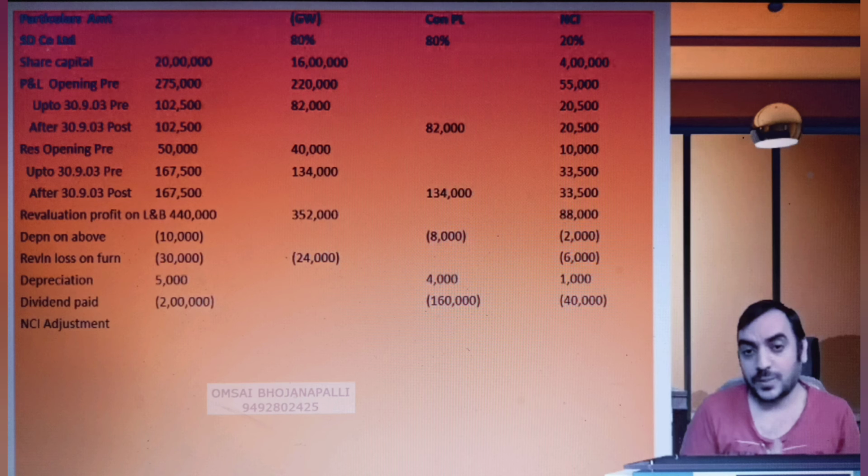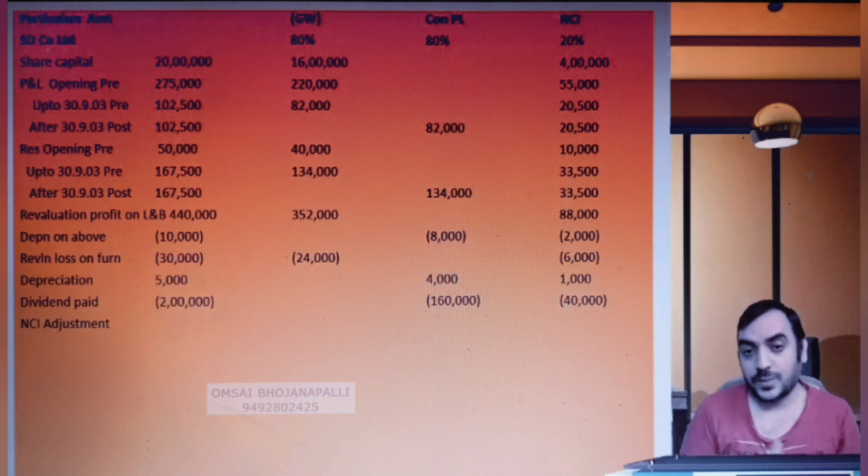Since acquisition date is between proposed dividends and dividend payments, the cost of the investment includes the price paid towards dividends.